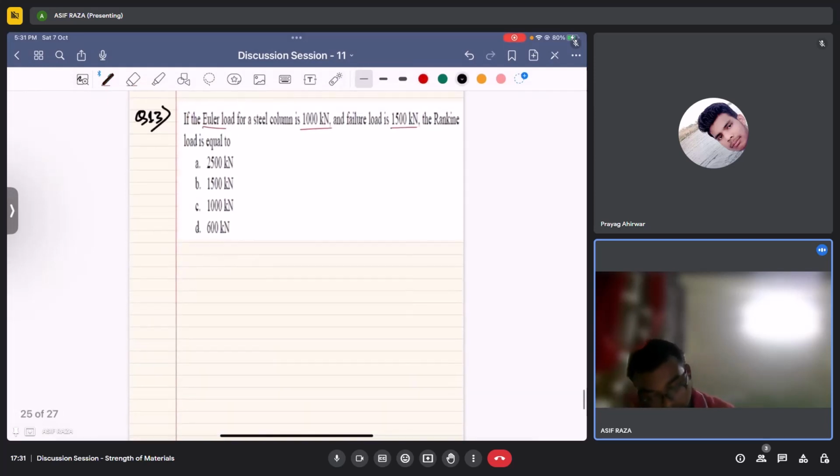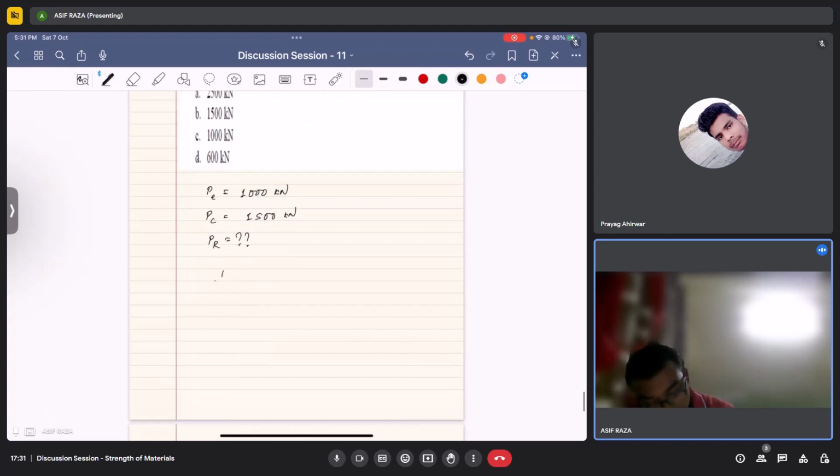According to the question, we are given Euler load as 1000 kilonewton and failure load as 1500 kilonewton. We need to find my Rankine load. I will use this formula: 1 upon PR equal to 1 upon PC plus 1 upon PE, so 1 upon PR is 1 upon 1500 plus 1 upon 1000.